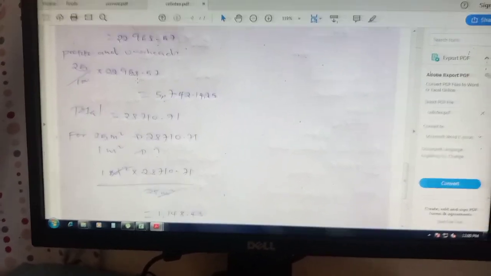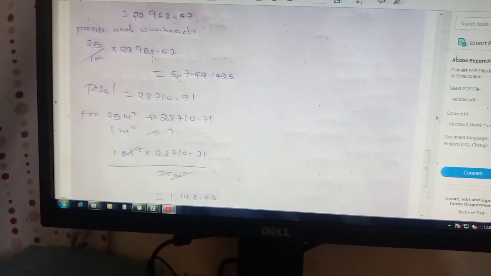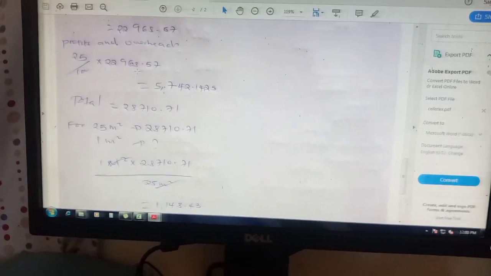So we are costing per square meter, because ceiling is costed per square meter, not linear meter. It was cornice which was costed per linear meter, but ceiling works we cost per square meter.